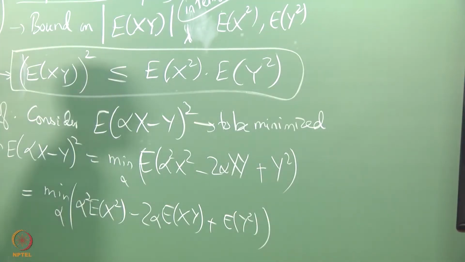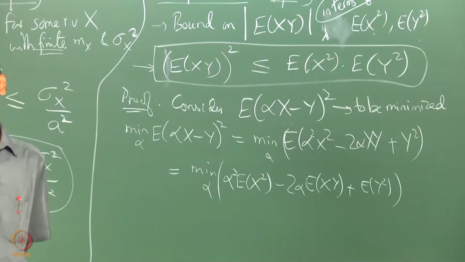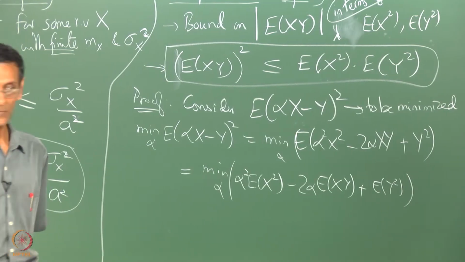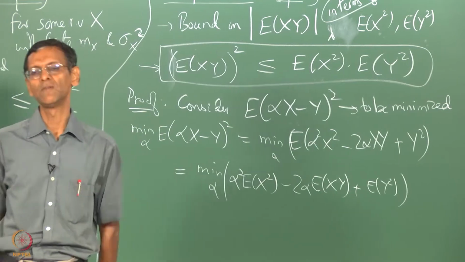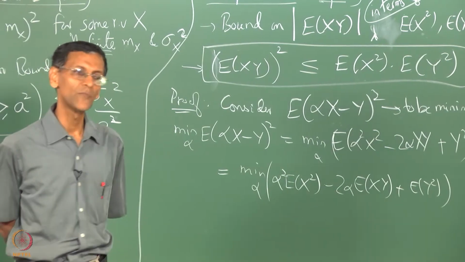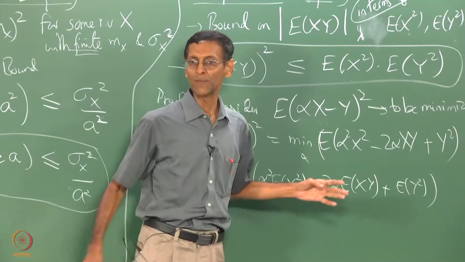Note that this minimum is always non-negative, it can never be negative. This quantity is non-negative for every possible value of alpha, so it is also obviously non-negative for the optimum value of alpha.